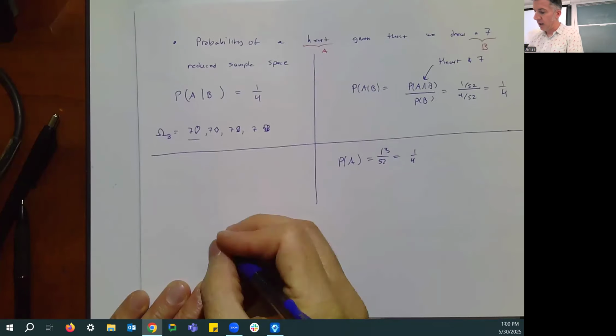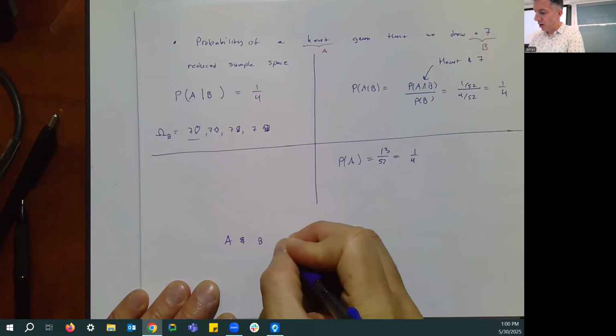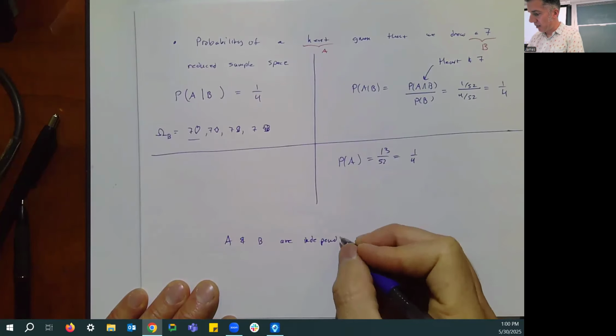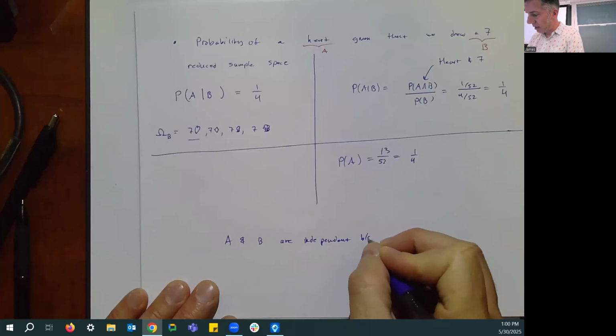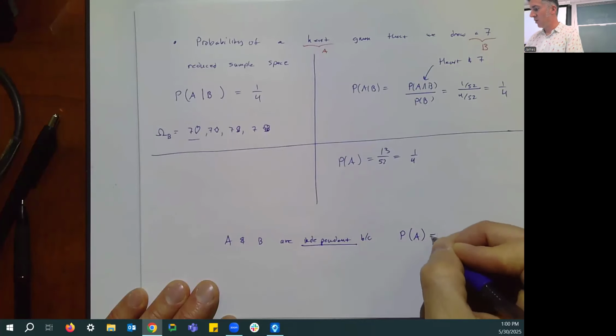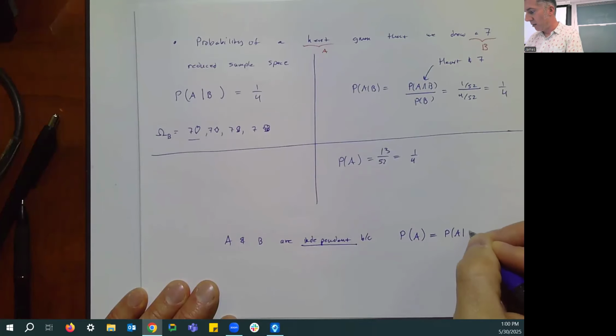So here we say that A and B are independent because the probability of A is equal to the probability of A knowing that B happened.